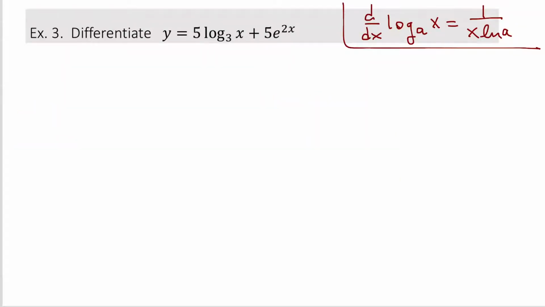So I wrote down the formula that we're going to be using to differentiate log base a of x. So a is your base, so my a is 3 in this case.